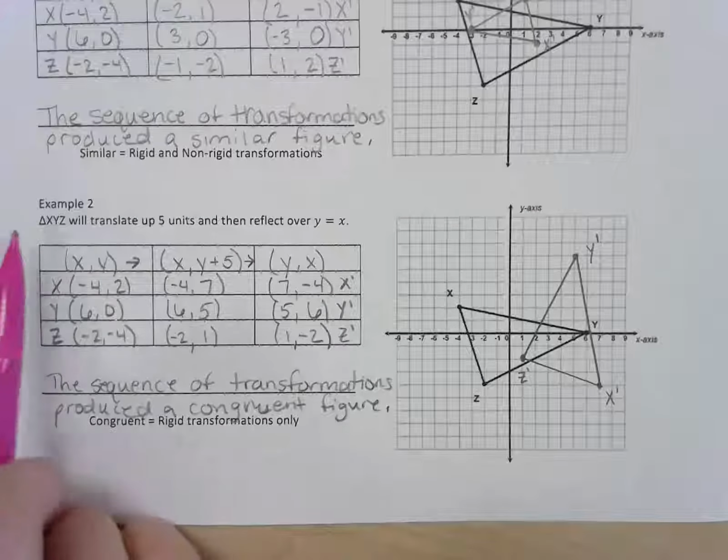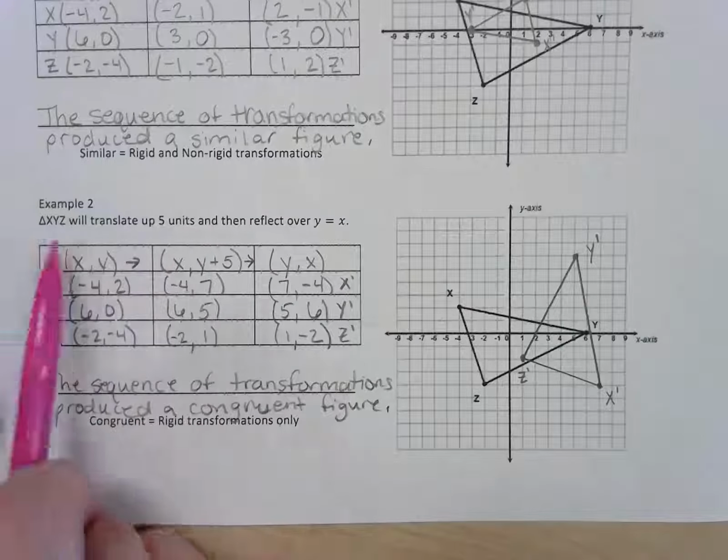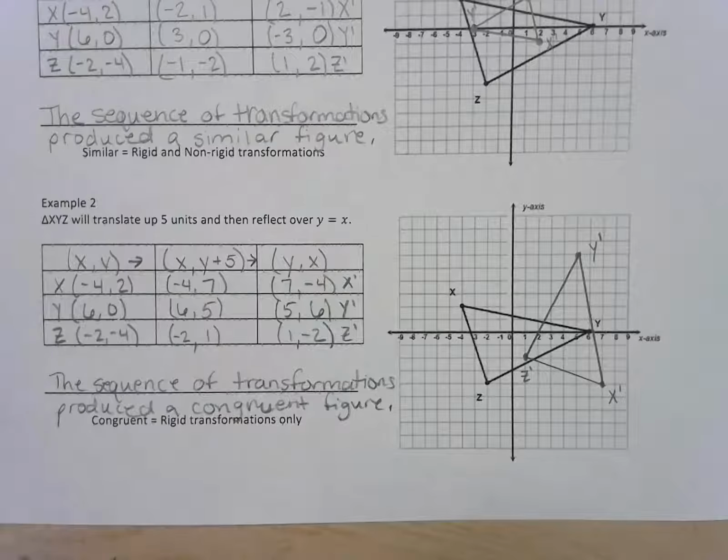We could see from the original problem that because we did not have a dilation that causes it to grow by getting larger or shrink by getting smaller, it would have resulted in a congruent figure. Only dilations will result in similar figures.